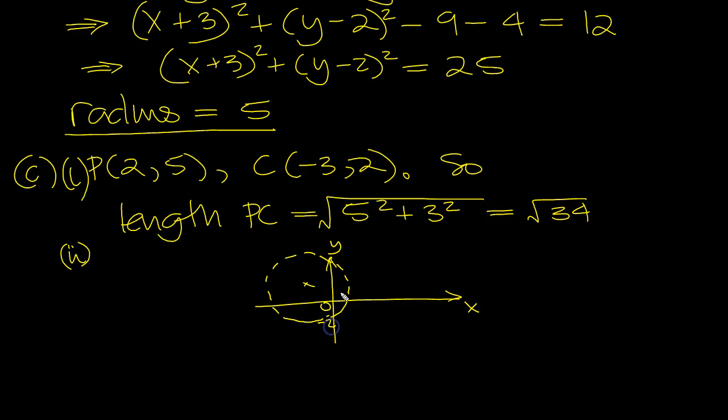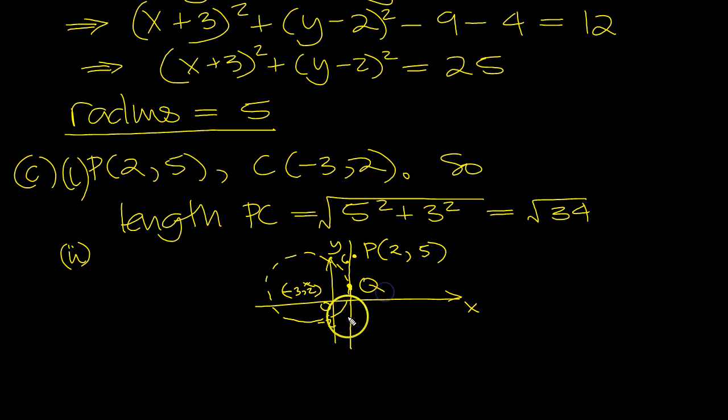This is minus 2, this was 6, wasn't it? Length PC, so point P is 2, 5, and it's outside the circle. And this is 2, 5. Now, if you think about it, this center was minus 3, 2, and the radius is 5, so this vertical line would be touching this circle here, wouldn't it?